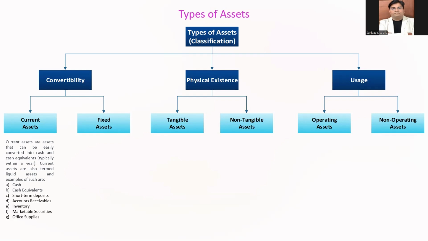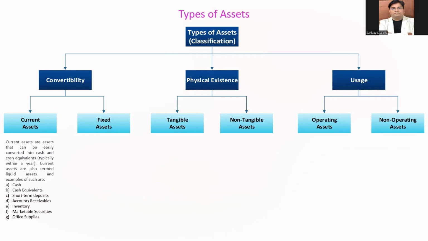So these are some of the documents which can easily be sold or bought in the market. Then we have got office supplies. Office supplies means those items which are required in office on day-to-day basis.